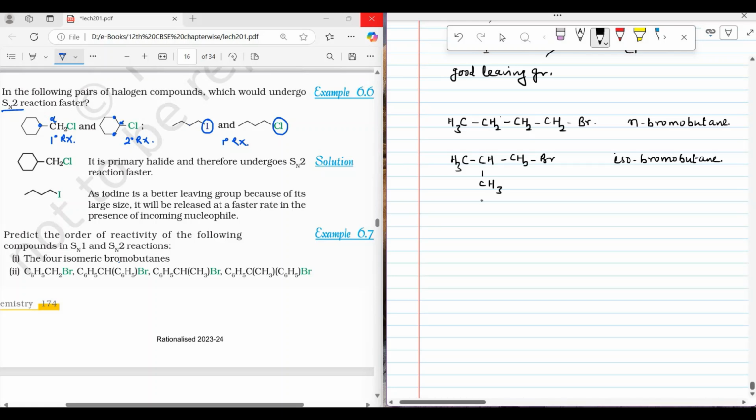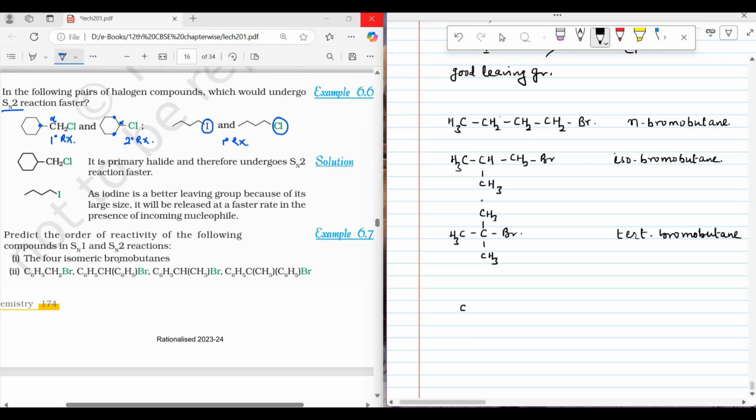Now draw tertiary bromobutane. Here we can draw CH3, CH3, CH3, Br. So this is tertiary bromobutane. Now we can change the position of bromine.